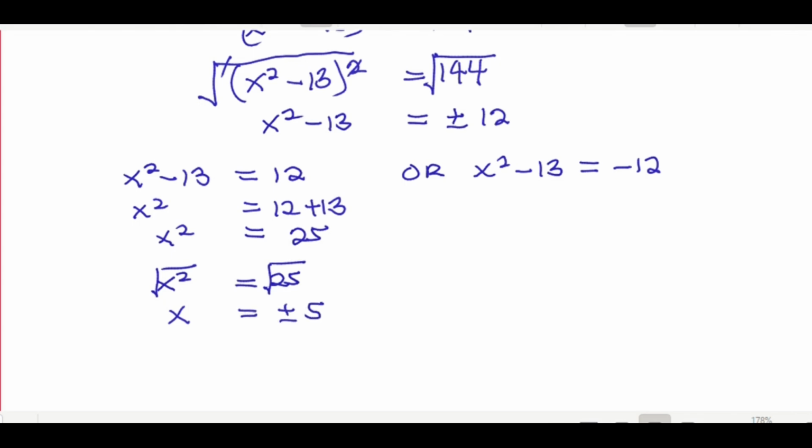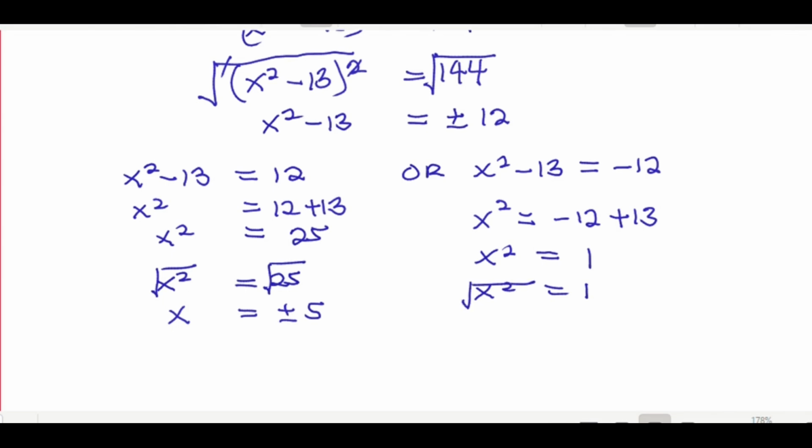On this side we have x² = −12 + 13, which gives us 1. So we have x² = 1.